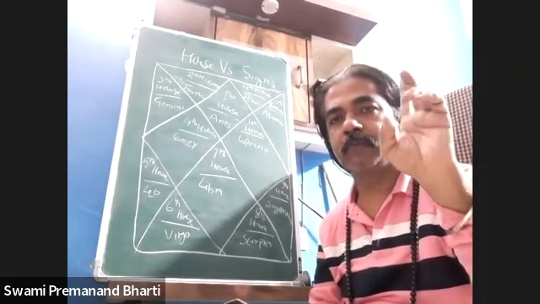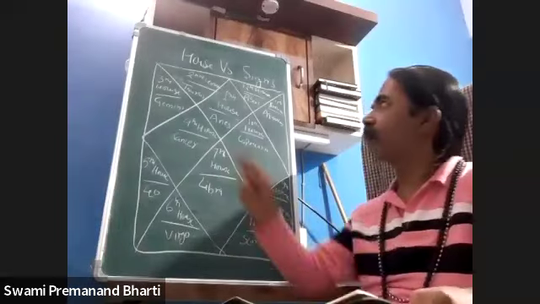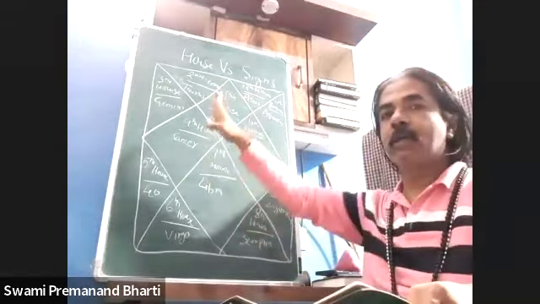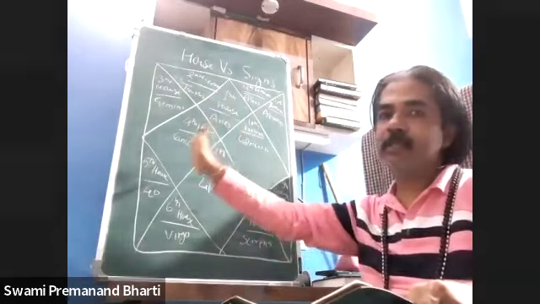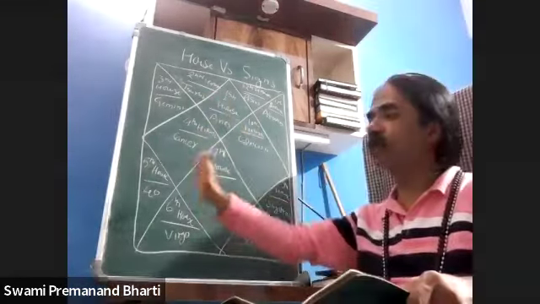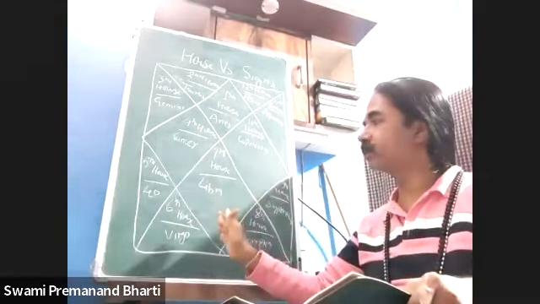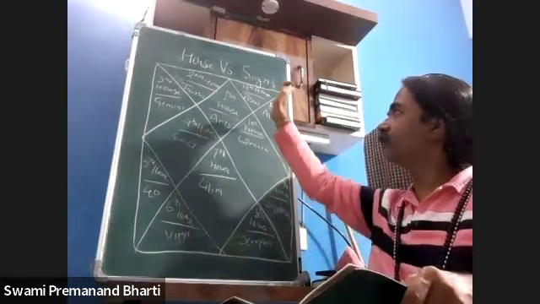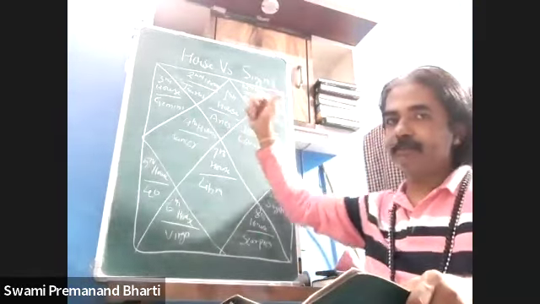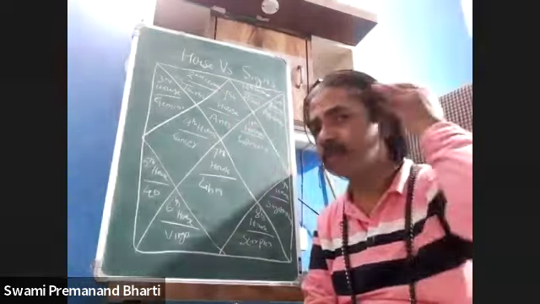There is only one difference. Likewise, for every house and sign. Third house and Gemini have similar representations. Fourth house and Cancer have similar representations. Fifth house and Leo have similar representations. Sixth house and Virgo have similar representations. Likewise, up to 12th house, Pisces. Okay. Now, where is the difference?